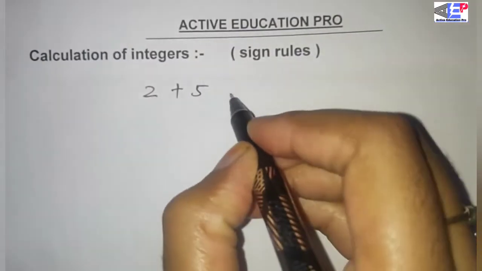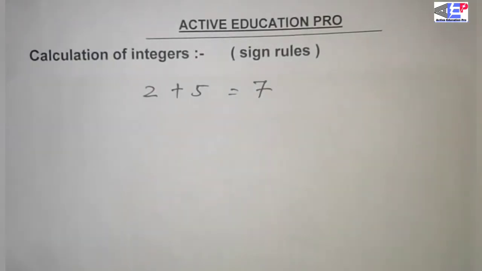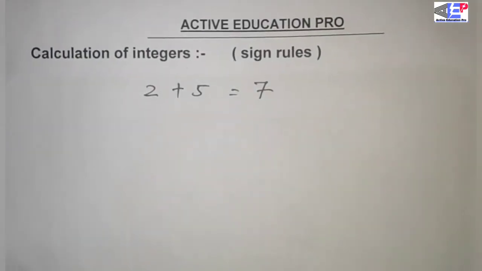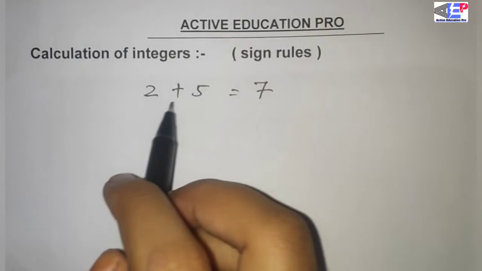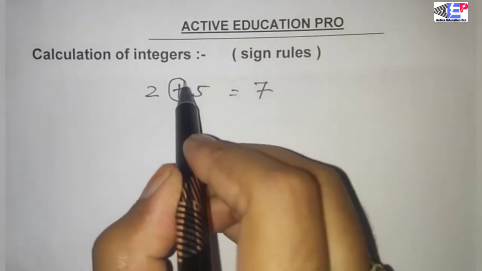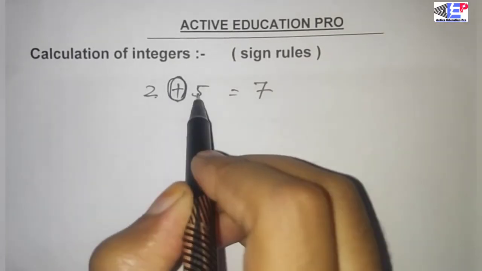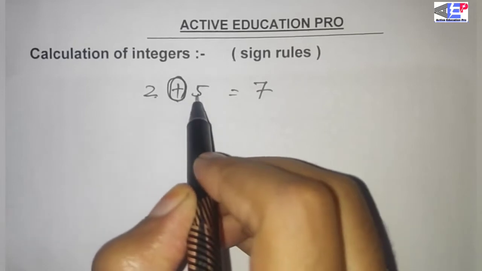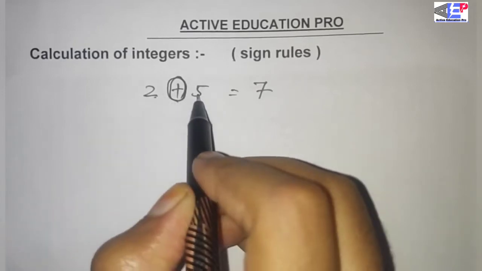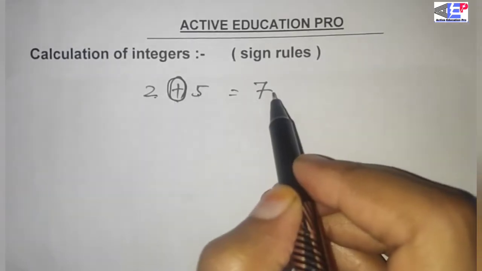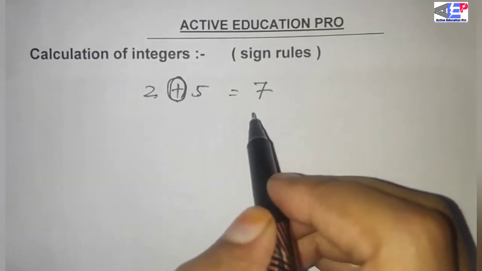2 plus 5, you know it is 7. Look here, both are positive integers, and now we add two integers, one is 2 and another one is 5. 2 plus 5 is 7.